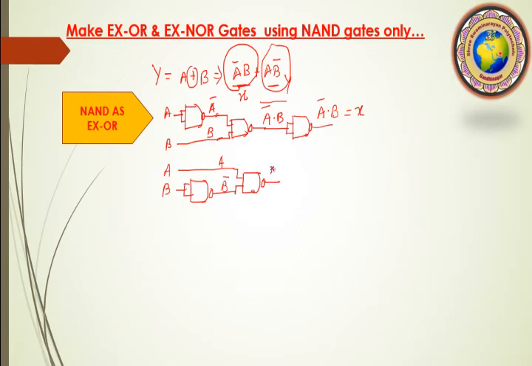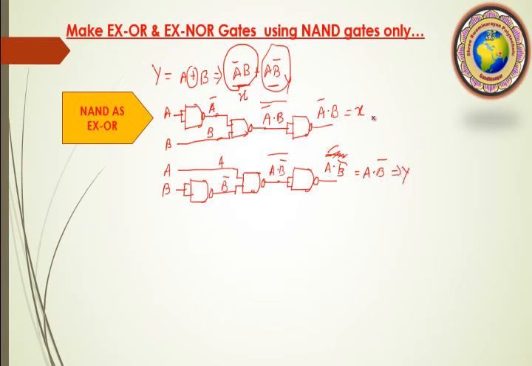So I achieve A bar B whole bar, but I don't want this bar, so I just invert this by using this gate. So I get A dot B whole bar, so the bar is removed here, and I get A dot B bar. It's the same as Y.